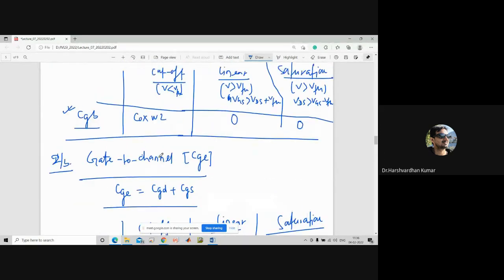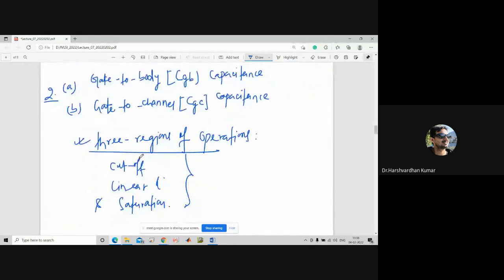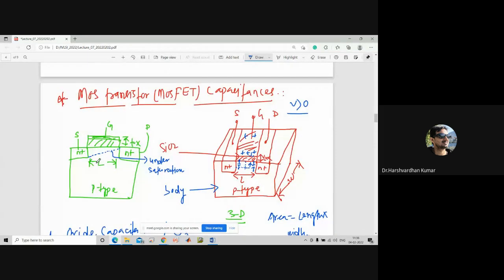What about the gate to source? Oxide capacitance, yes, but half, more than half, or less than half? What can you predict from here? Full? Half?